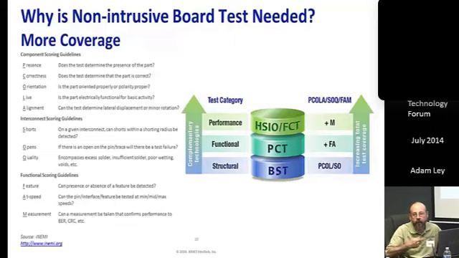Sometimes that's done in a loopback fashion, and if the chips support it, it can be done in a point-to-point fashion where you have the transmitter on one chip and the receiver on a different chip, what's sometimes called a master-to-master methodology.